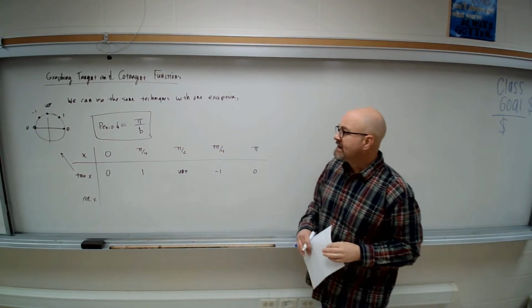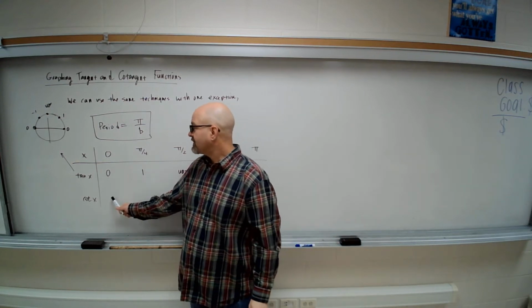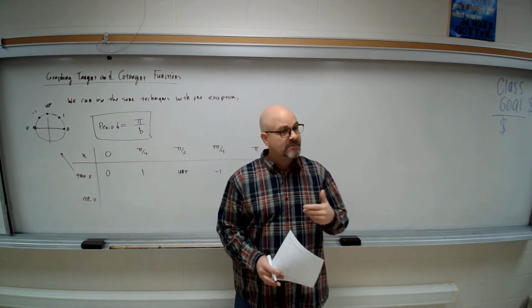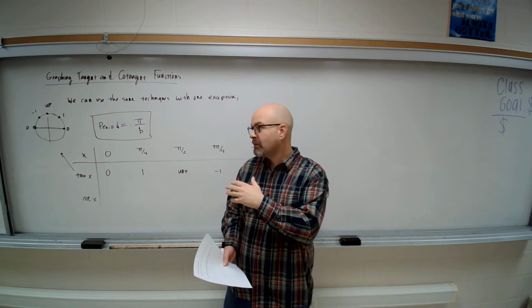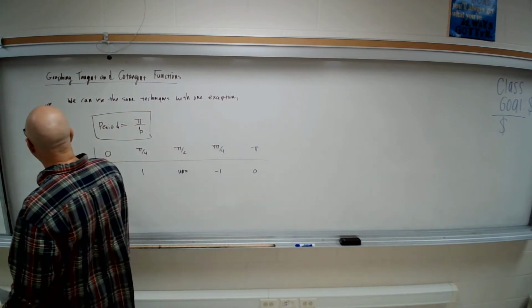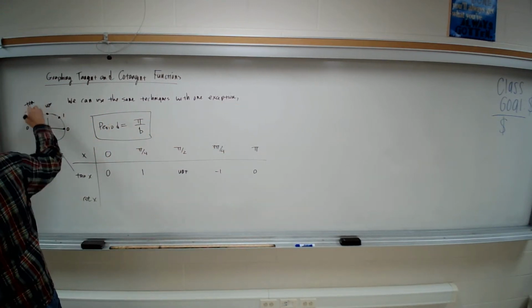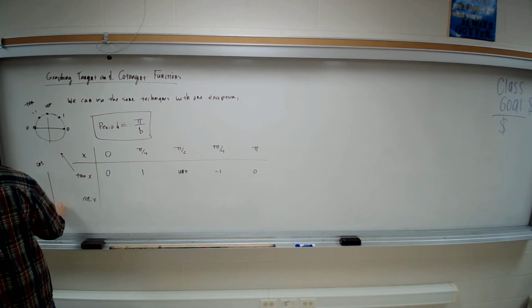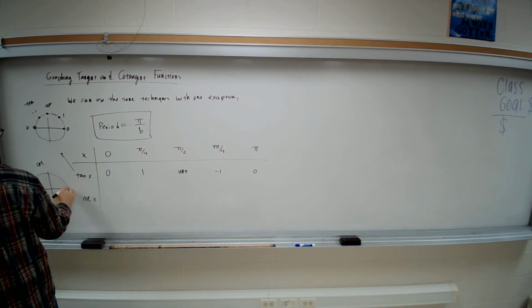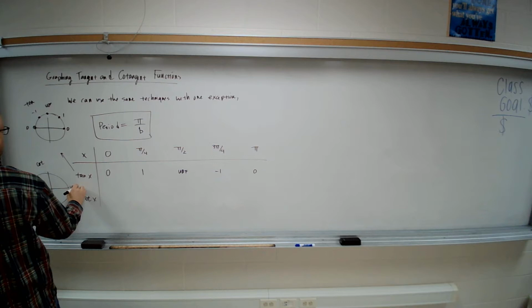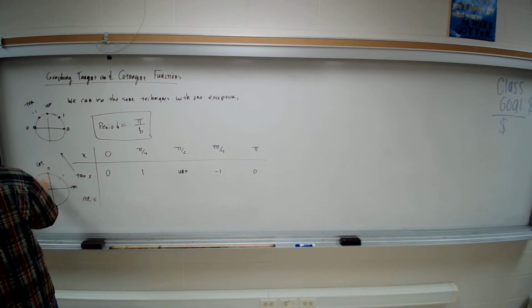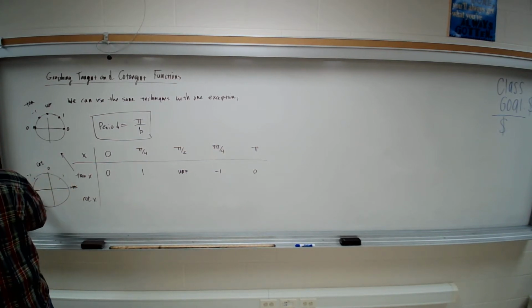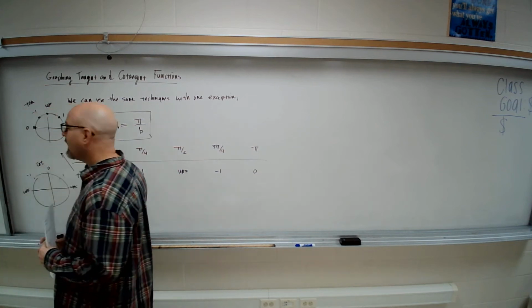The cotangent values are just going to be the reciprocals of those values because the cotangent is x over y. So while this was a picture for our tangent, for our cotangent we have undefined, 1, 0, -1, undefined, right?